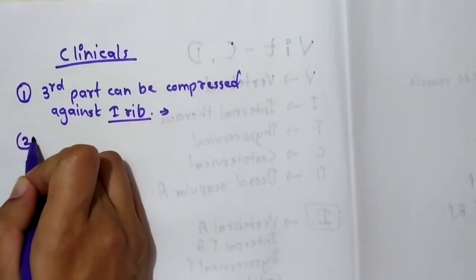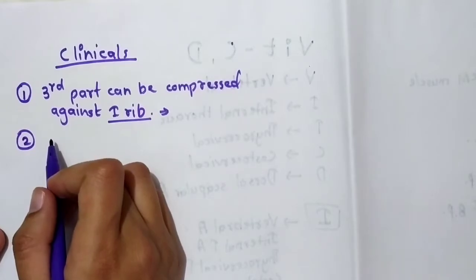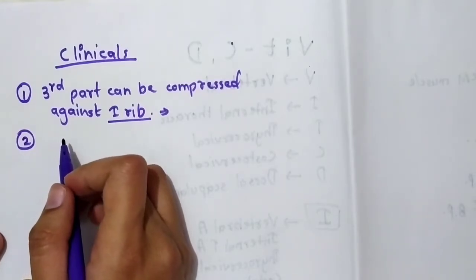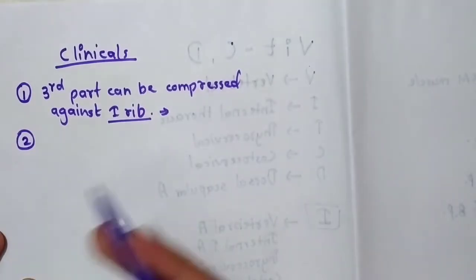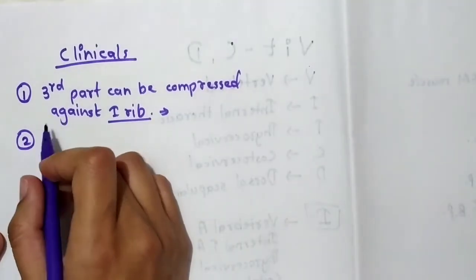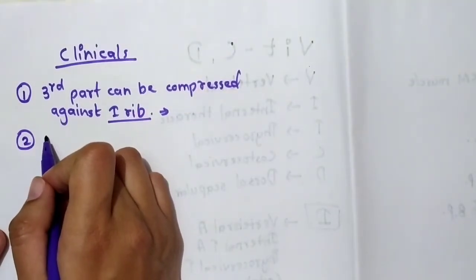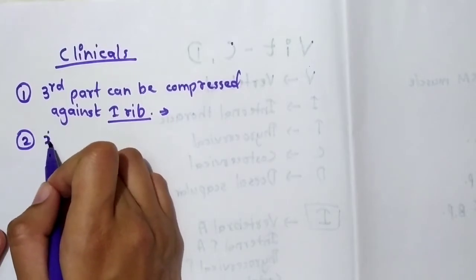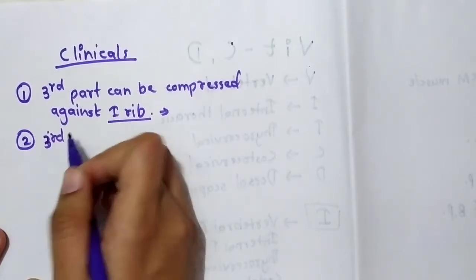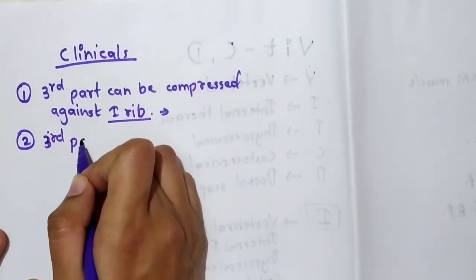Secondly, occasionally there is a rib known as the cervical rib which is present over the first rib. So the third part can also get compressed by the cervical rib.